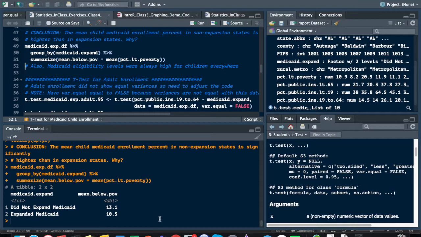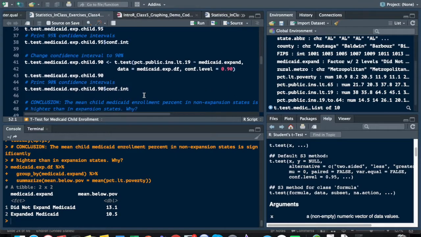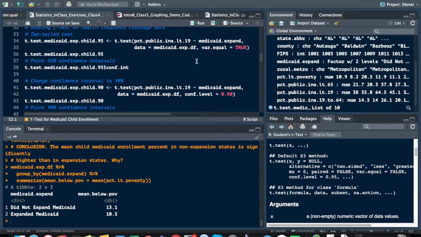So by default, if you're not controlling for poverty, and we're going to go over how you would do that with another statistical test later on, once we've gotten the hang of this, what we're looking at is whether the mean is greater or less than. In this case, because the poverty level is higher, Medicaid enrollment is higher in states that did not expand Medicaid, because it was already high for everybody.